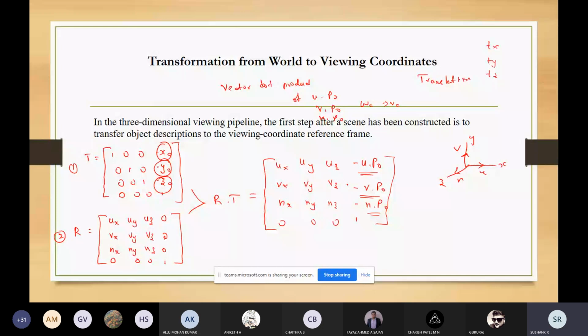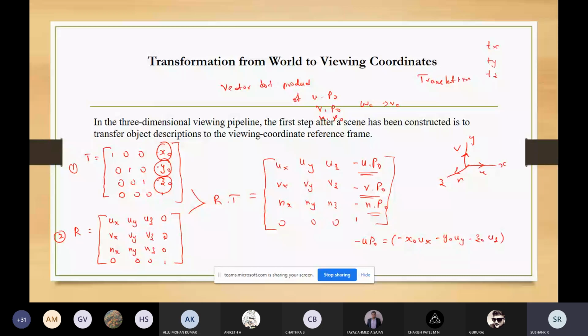So when I expand this u into p naught, it can be written as minus x naught ux minus y naught uy minus z naught uz, because the point is represented by x naught, y naught, z naught, and u has components ux, uy, uz.